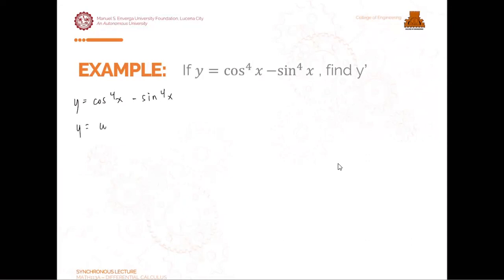Cosine x to the fourth minus sine x to the fourth. Okay? So, yung may mga ganito tayong problem before sa algebraic function, ginagawa natin, pwede natin factor out yan, di ba? So, ito is factorable ng cosine squared x minus sine squared x multiplied by cosine squared x plus sine squared x.